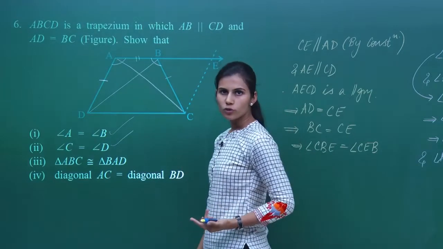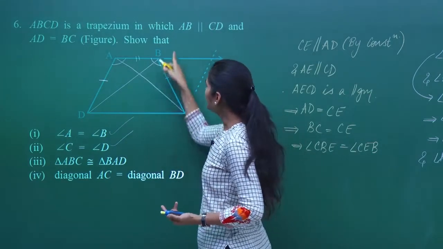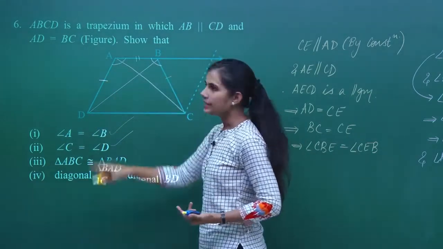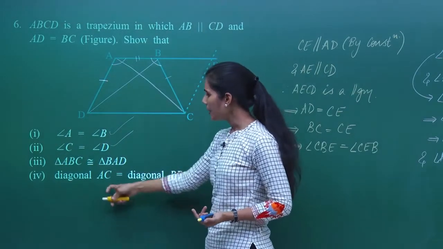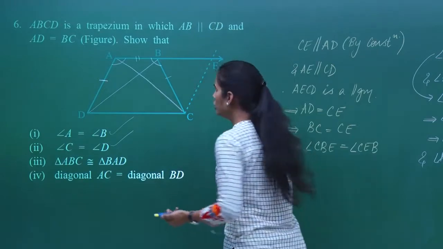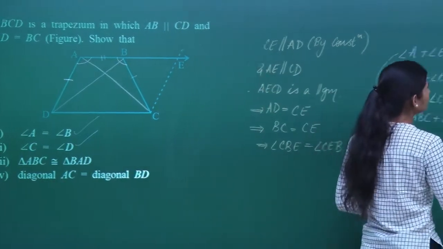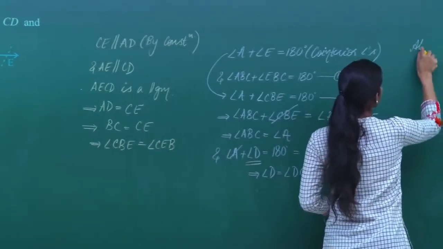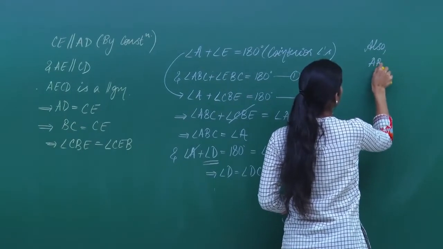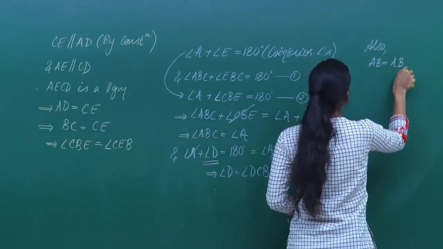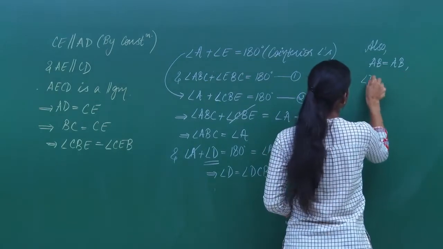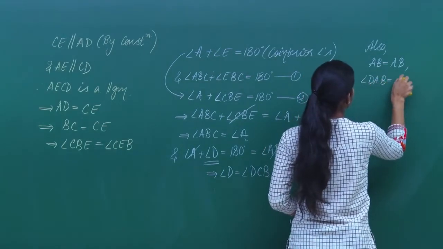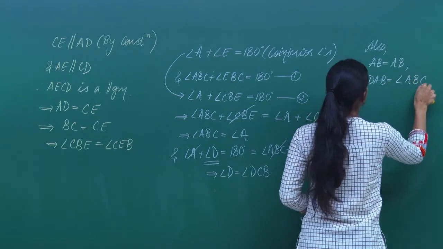The moment they are congruent, by CPCT, both these AC and BD are corresponding parts of these two congruent triangles, so they will be equal, thereby implying that the diagonals are equal. So you will write that AB is equal to AB, angle DAB, that is angle at A, is equal to angle ABC.